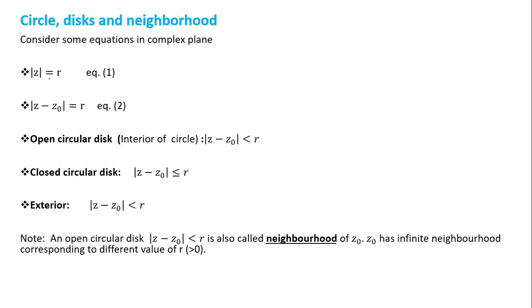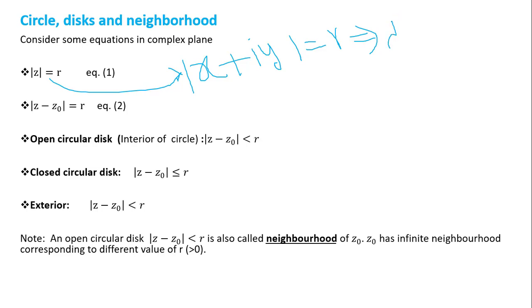From here it is a little bit difficult to see, so let us convert z equal to x plus iy and expand it. So mod of x plus iy equal to r, and we just saw that mod of z means under root of x square plus y square. So this will give us under root of x square plus y square equal to r.